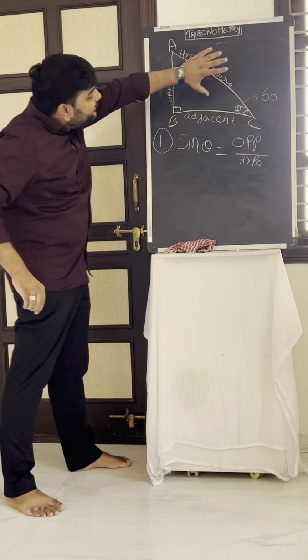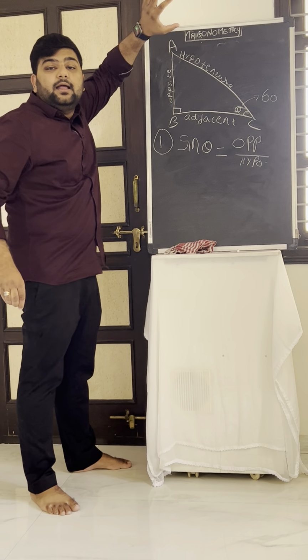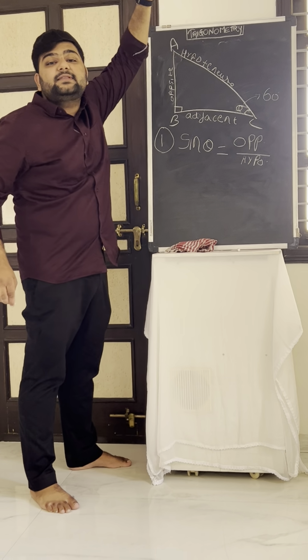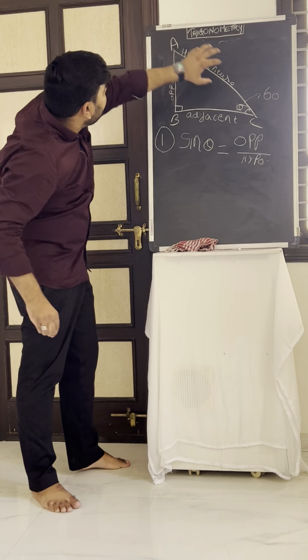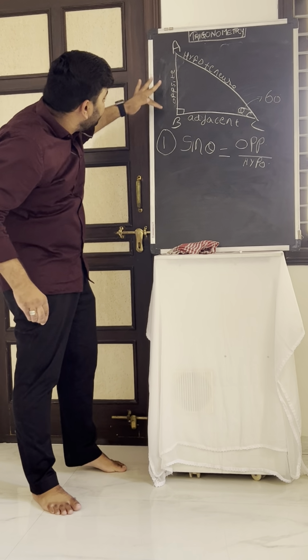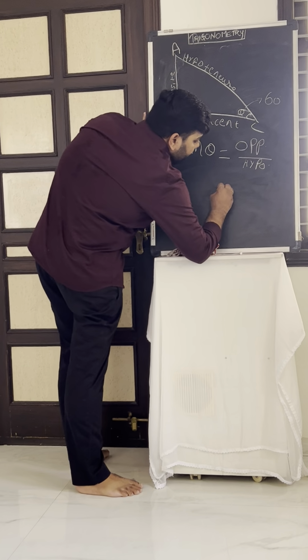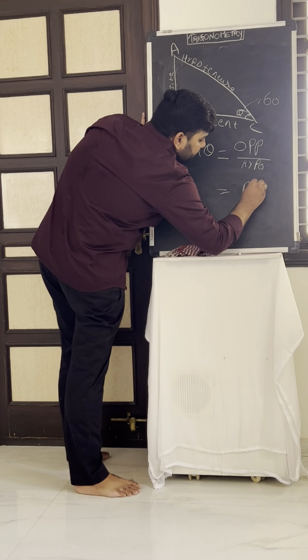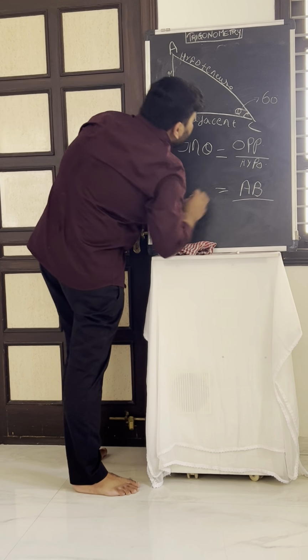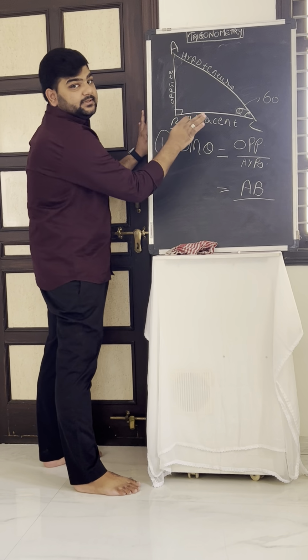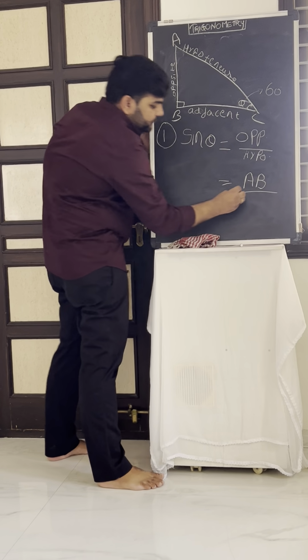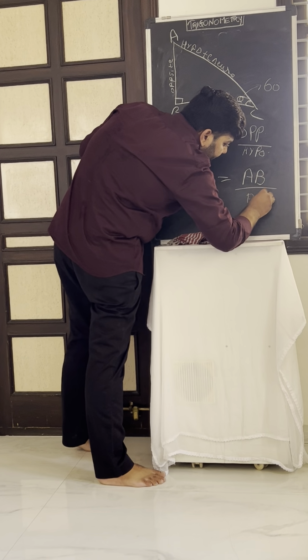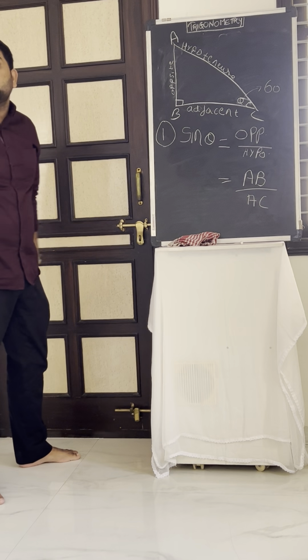Now I have taken this angle as theta. So what is the opposite side of this angle? It is AB. So sine theta will be equal to AB upon hypotenuse. What is hypotenuse? It is fixed, right? It is AC. So this will be AC.